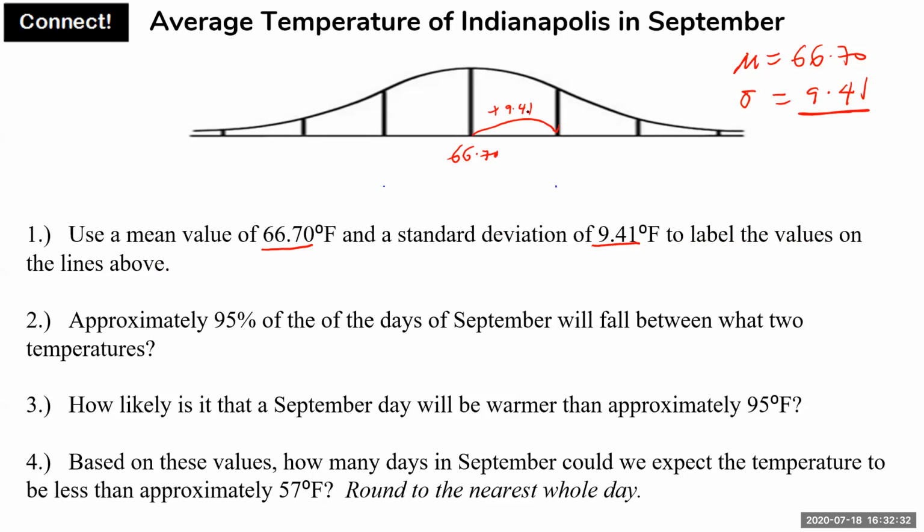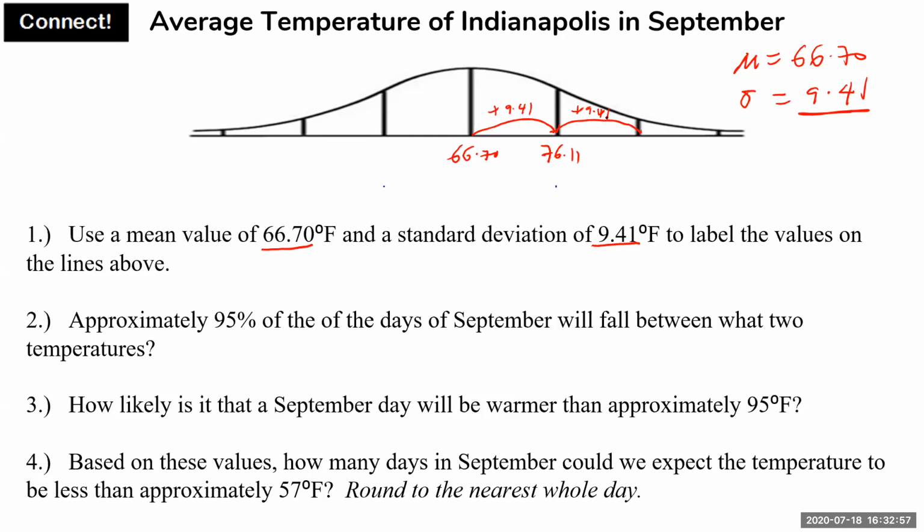And what do I get? 66.7 plus 9.41. What do I have? This gives me 76.11. So when you move towards the right again, you add 9.41.